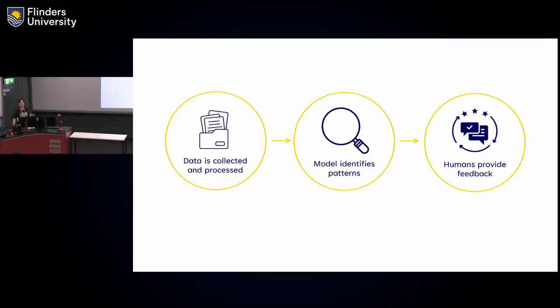And the model looks for patterns, it identifies patterns to help produce an output. And more often than not, there is a human involved in that training process to reinforce the training and to make sure the output is looking the way we want it to, to try and improve the quality of that output.